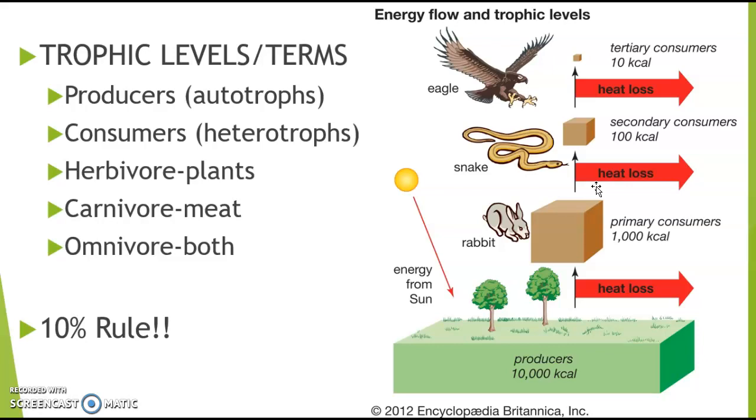Trophic levels, we're going to break it down even further. Some of these terms you may have heard of before, some might be new. When you hear the term producer, it goes hand in hand with the term autotroph. Autotrophs or producers are those organisms that can make their own energy from the sun, right? So our producers are primarily our plants.